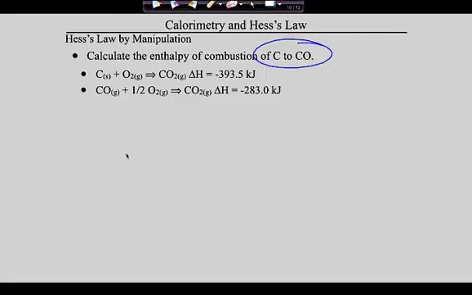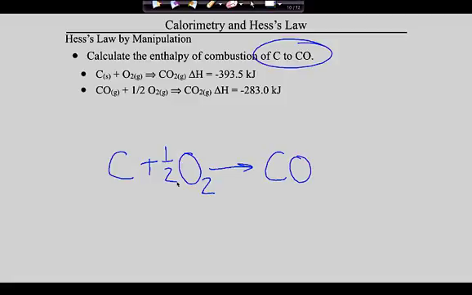It looks like this. Carbon plus something turning into carbon monoxide. So guys, what is that something that we're missing to turn carbon into carbon monoxide? Oxygen. But oxygen doesn't hang out by itself. It's O2. Exactly. We need half a mole of that.